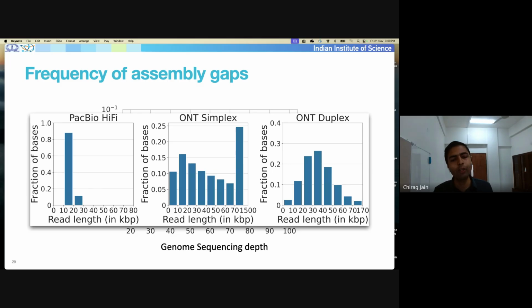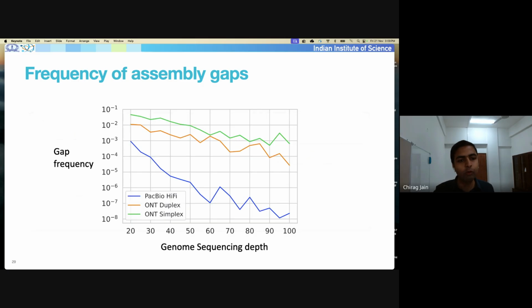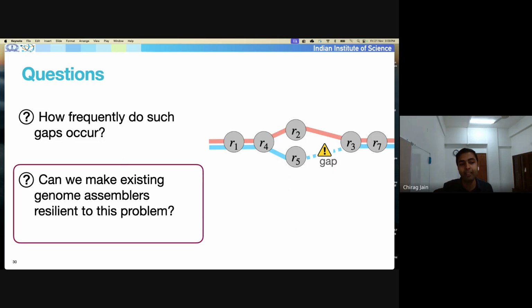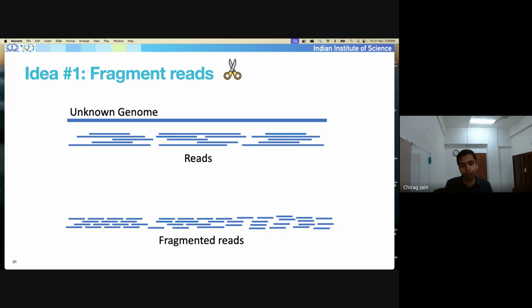So with this question, now we know that the gaps can occur, especially when you are using a sequencing technology which produces reads of highly variable lengths. Now the second question: how can we make existing genome assemblers resilient to this problem? The first thing that comes to mind, and I already gave a hint, is that if all the reads are of equal length, then this problem will not occur, right?